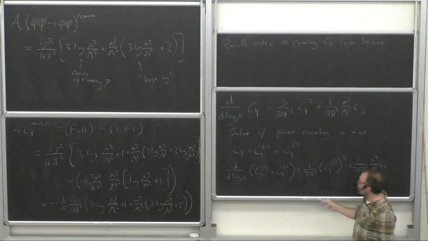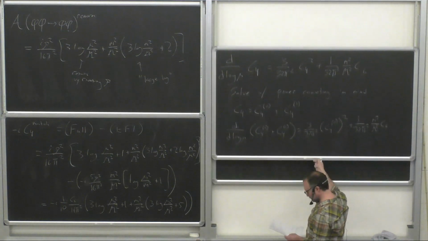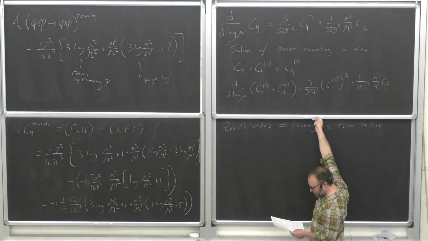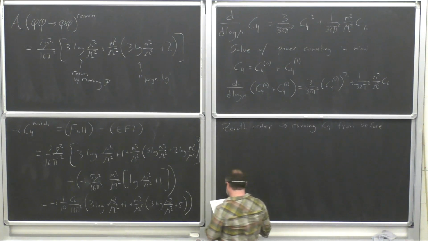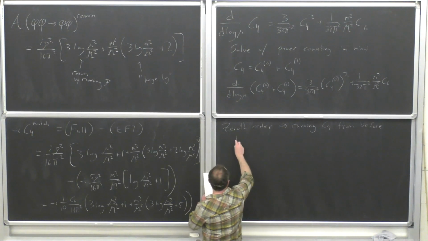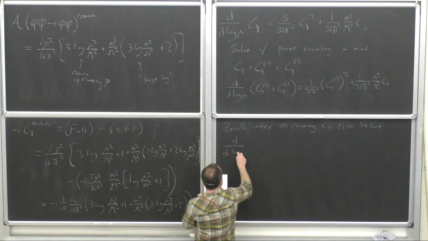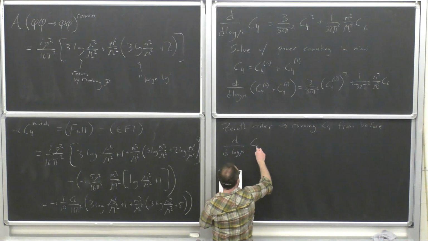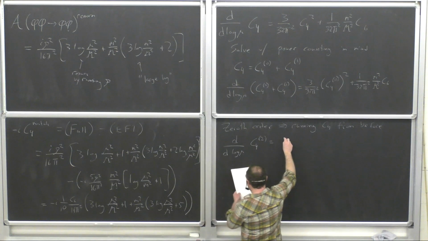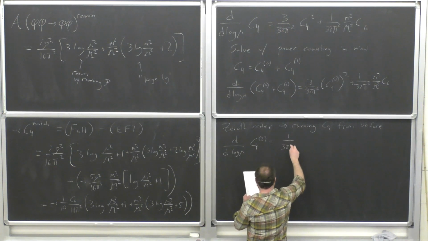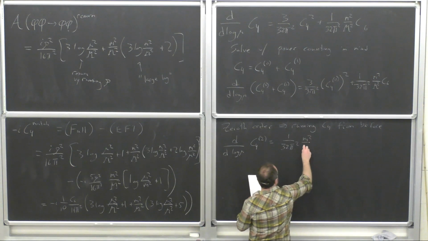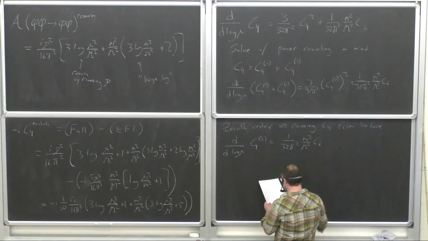So the differential equation for the second order contribution is just d log mu C4 2 is 1 over 32 pi squared m squared over capital M squared C6.